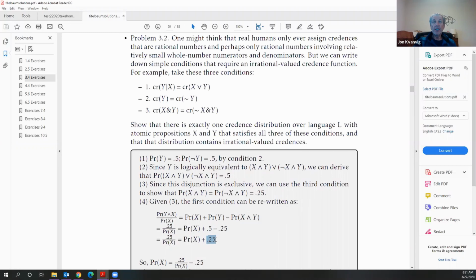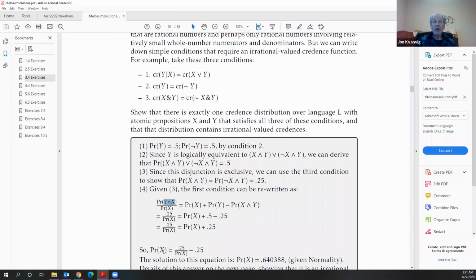So when we get done with the simple arithmetic, we end up with the probability of x plus 0.25 on the right side of the equation. And we also know this probability in the numerator, it is 0.25. So we end up with a formula where the probability of x equals 0.25 over the probability of x minus 0.25.